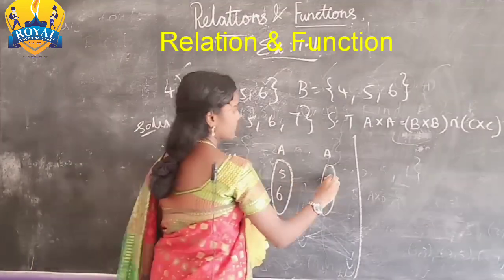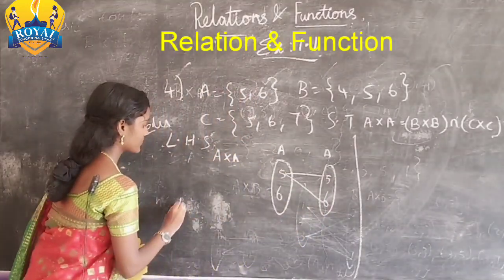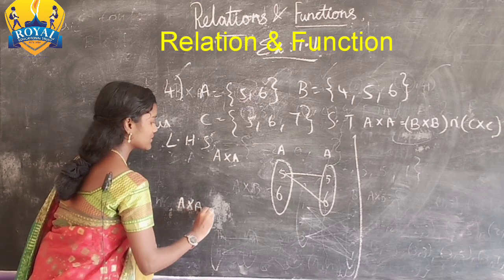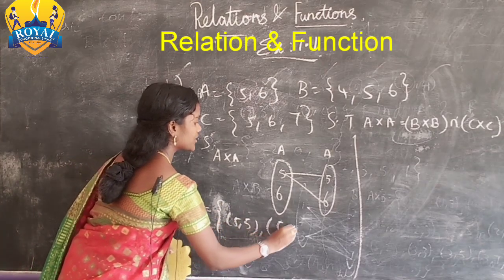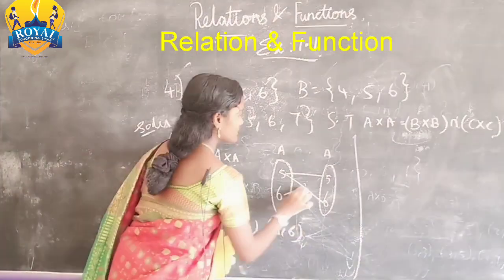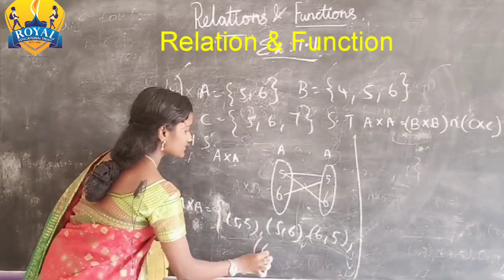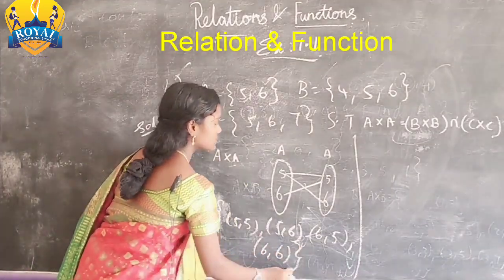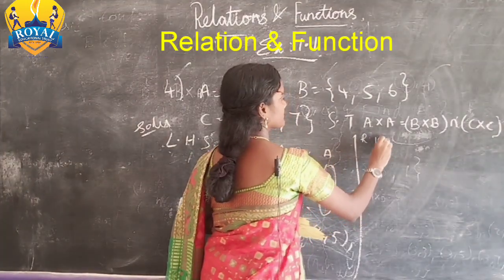Again A means 5, 6. Cross product. A cross A is 5, 5, 5, 6, then 6, 5, 6, 6.